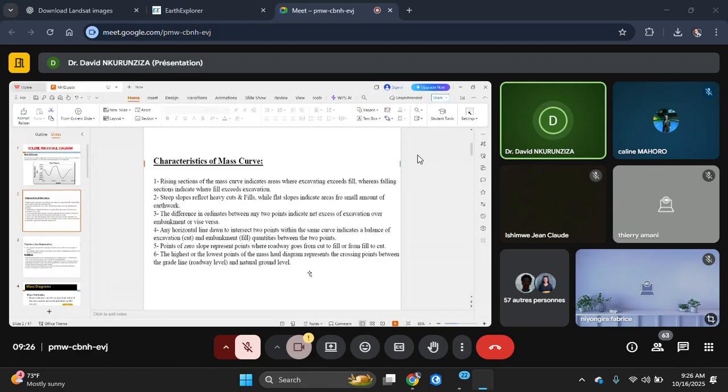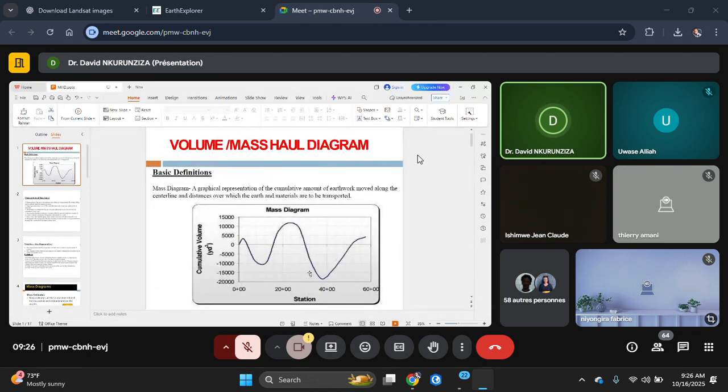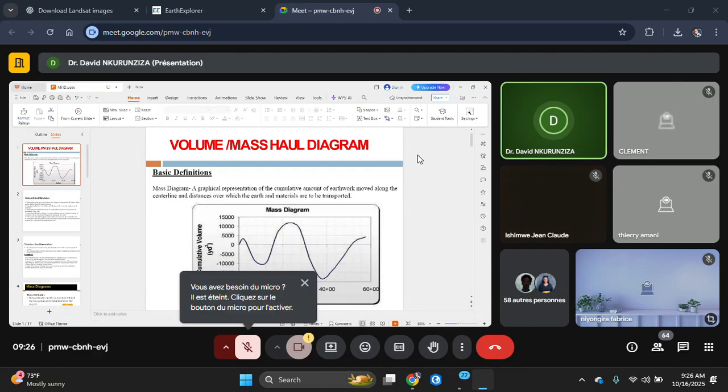So a mass haul diagram of course has some key characteristics. If you can look on this first one, you can see you have the rising section, and we have also the steep slopes, the difference in the ordinates, the horizontal line, and so on.